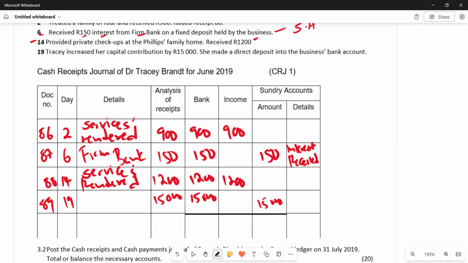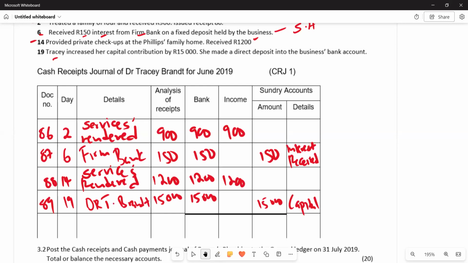And then obviously this is coming as capital. We are receiving this capital from Tracy, as indicated here, the owner. So here we indicate Dr. Tracy Brands.